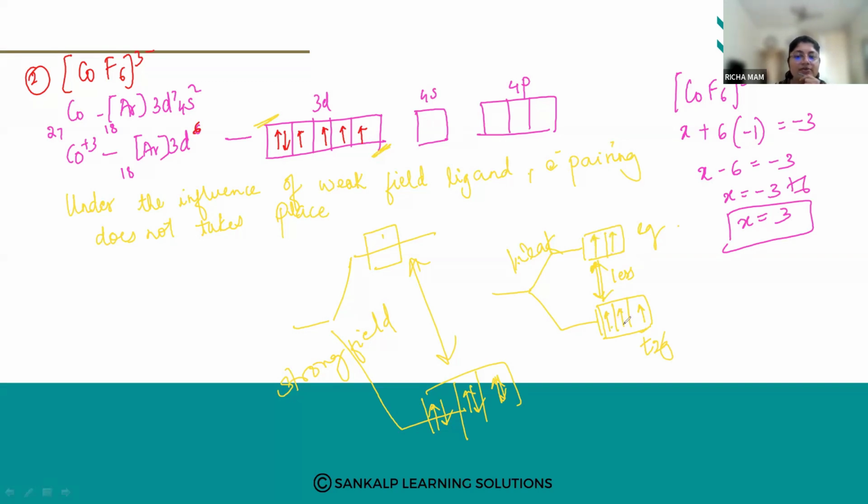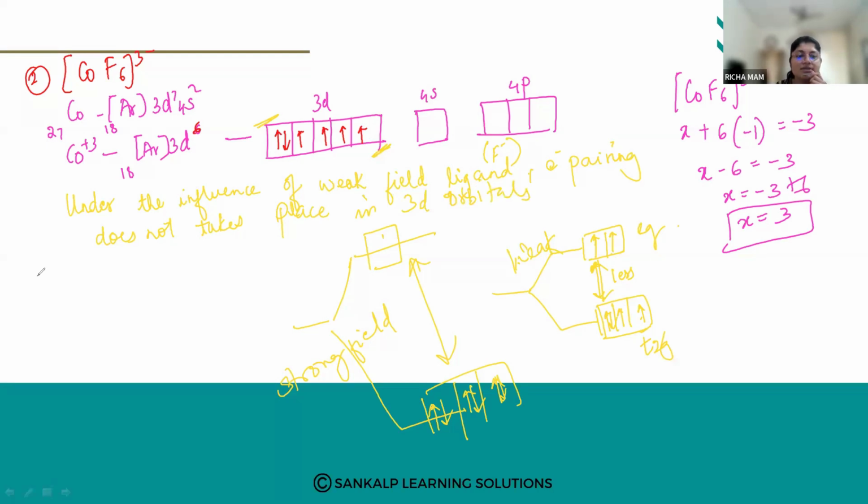So 1, 2, 3, 4, 5, and again 6 here. Under the influence of the weak field ligand, that is F minus ligand, electron pairing does not take place in 3d orbitals.